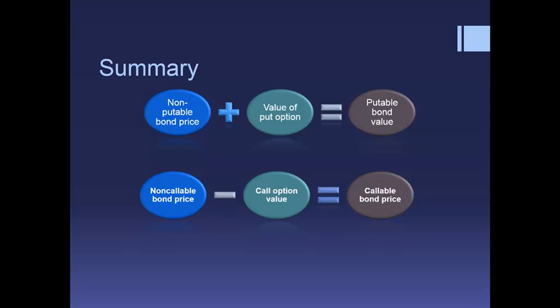And that's our task at hand, is how do we value that option? Because we know how to value a bond, and so we want to value the option, and so we can come up with the value of a bond with an embedded option.